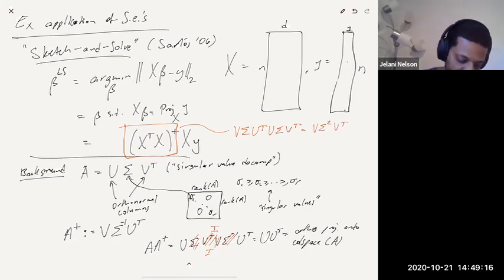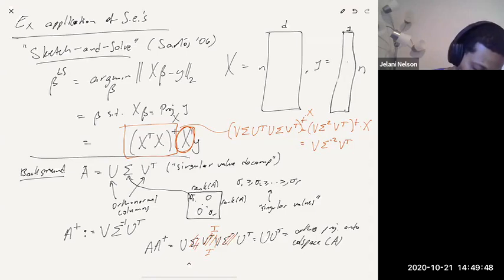Then when you take the pseudo inverse of this thing, you'll get V sigma minus 2 V transpose. And then there's an X here. So if you multiply by X transpose, X is again, I guess this should probably be X transpose. The X transpose will again be V sigma U transpose.